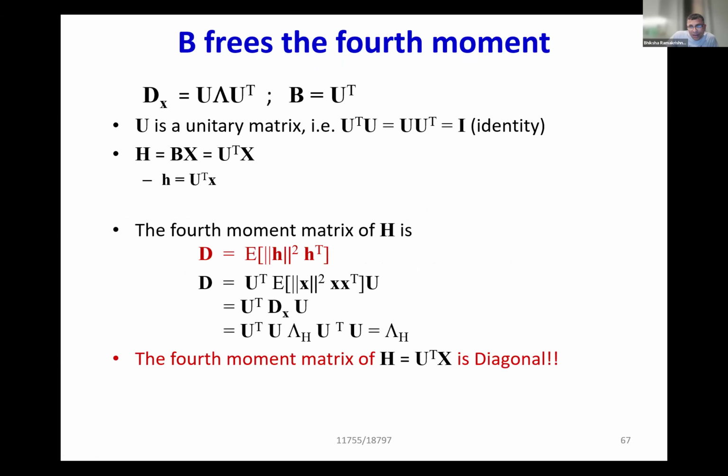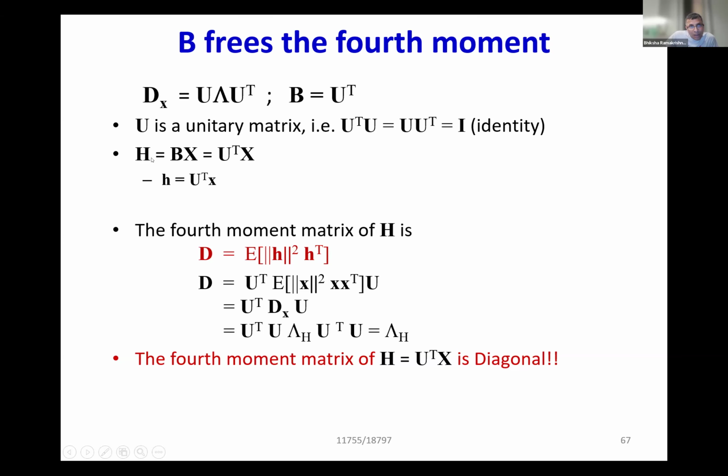And so here is the simple thing. D is this matrix, the expected value of norm x squared times xx transpose. I eigen decomposed it, took the eigenvectors, used their transpose, and called my matrix B. The eigenvectors of D are going to form a unitary matrix because they're all orthogonal vectors.